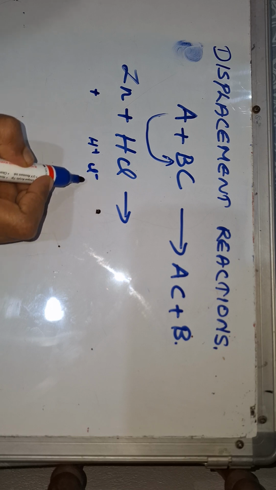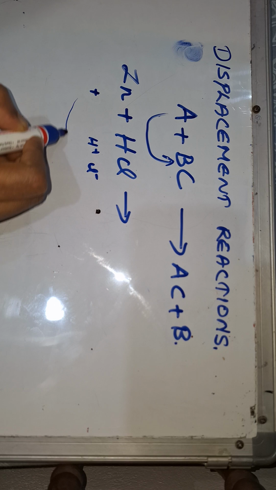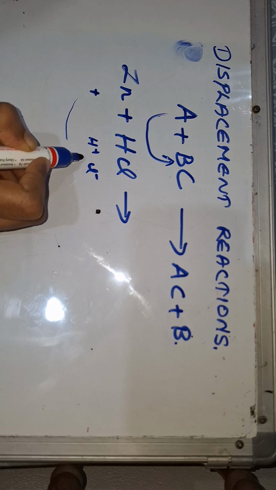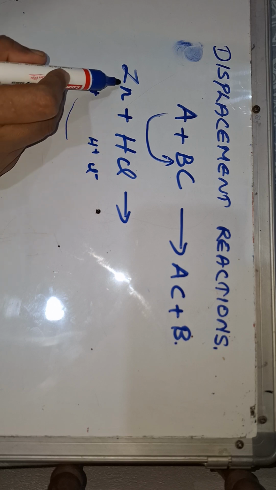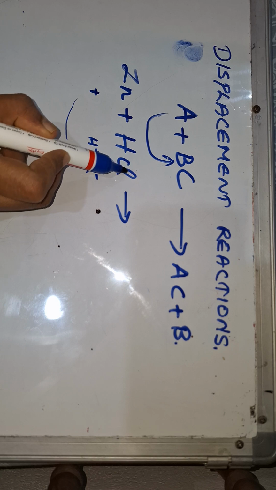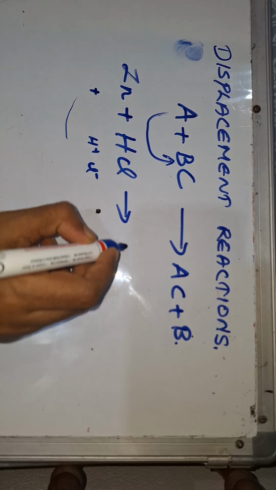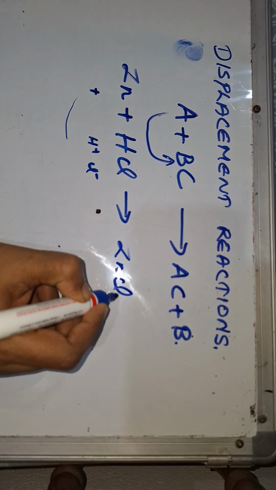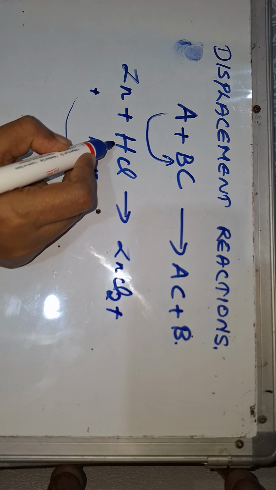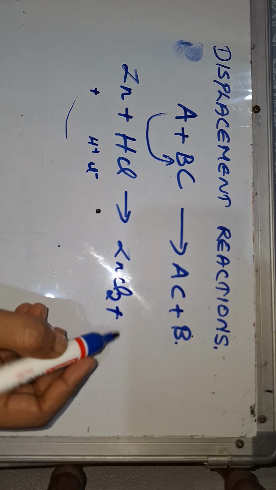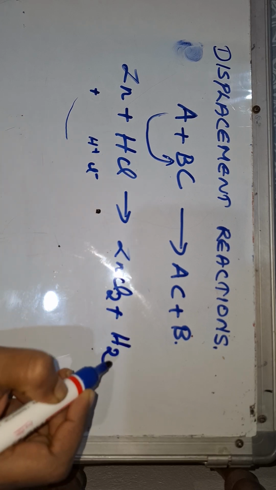We can think like that, okay? Then this positive and negative will combine always. The tendency will be like that. So zinc chloride will be forming, and what is remaining then? Hydrogen will be displaced. So hydrogen will be formed.